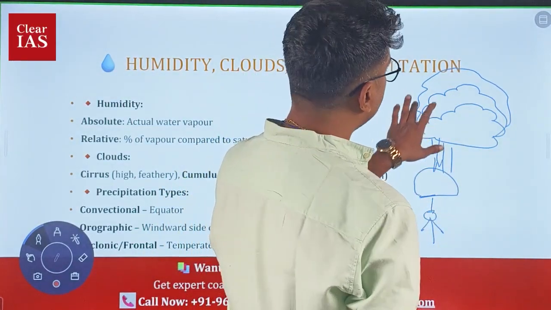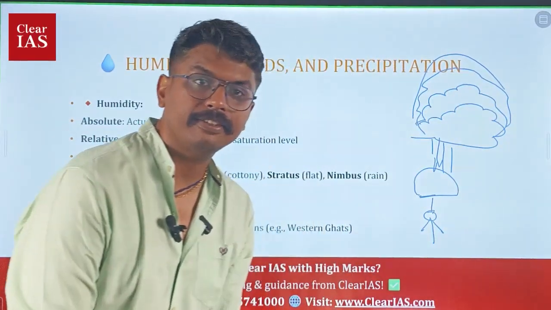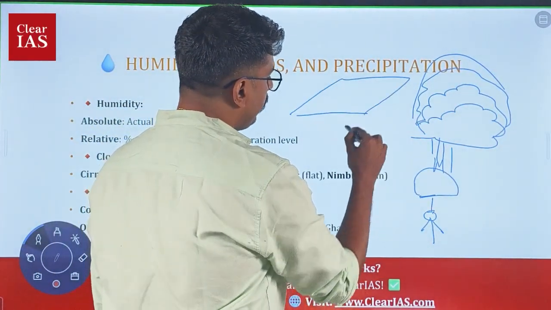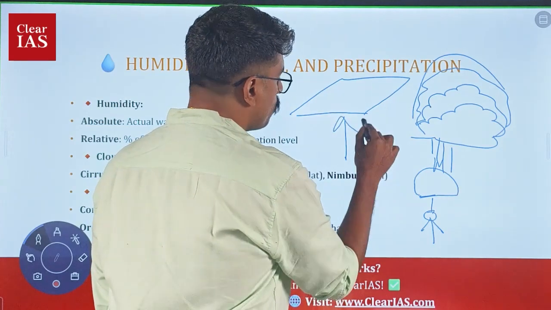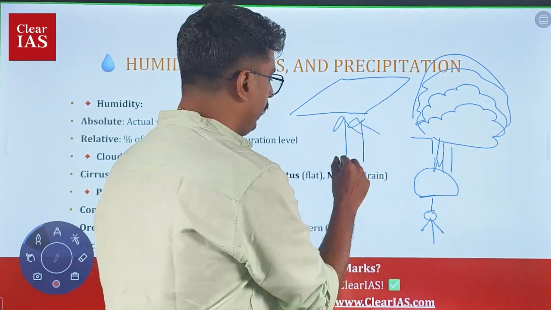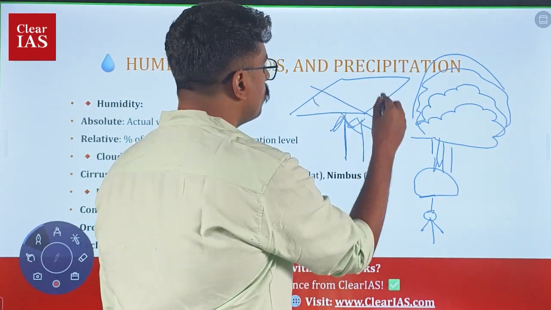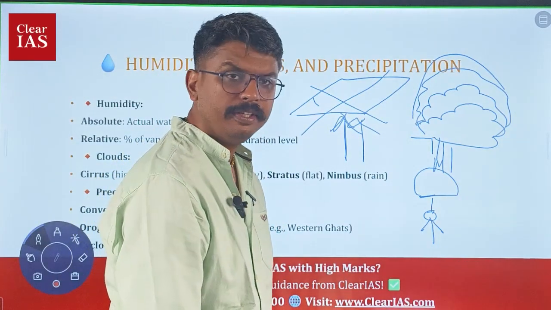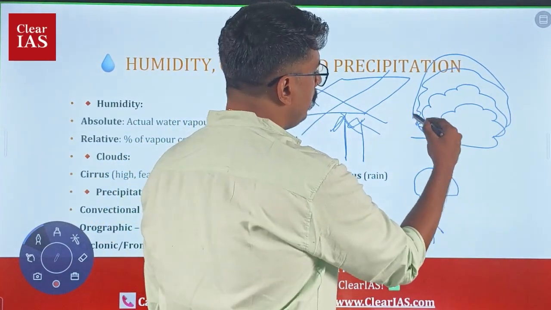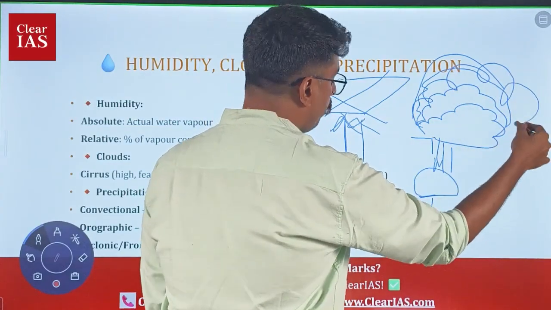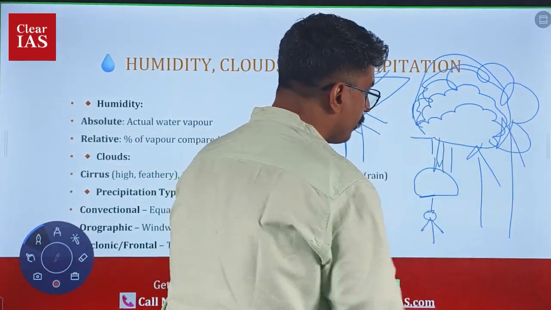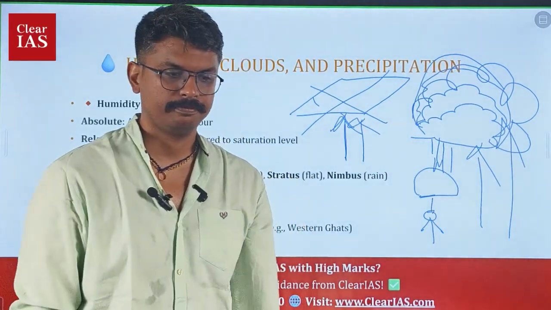So you understand from the cloud that it can rain. And if the cloud is a stratus cloud, we can understand there is no upliftment of air happening and there is no chance of rain. So when a cumulus cloud grows upwards, it shows that the air is rising upwards.